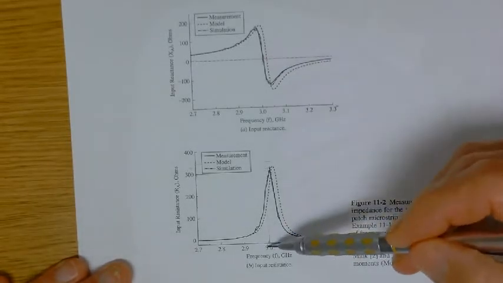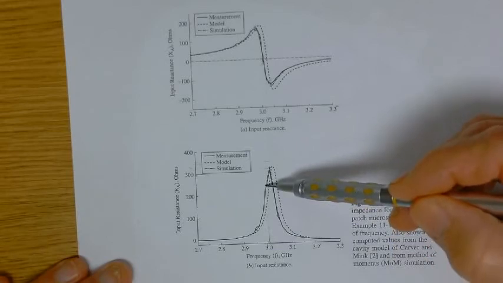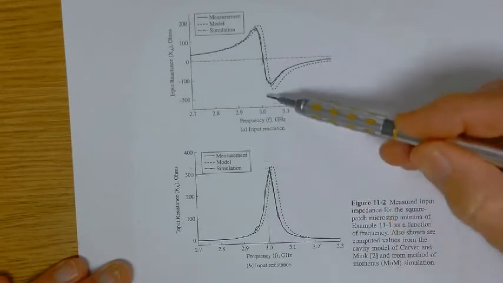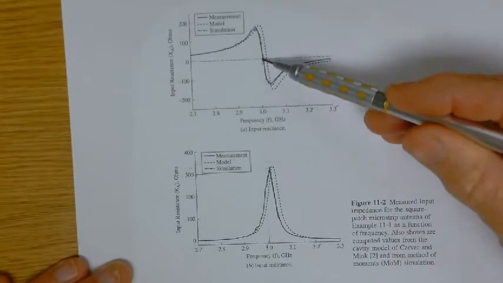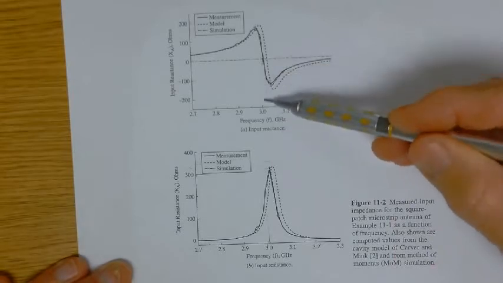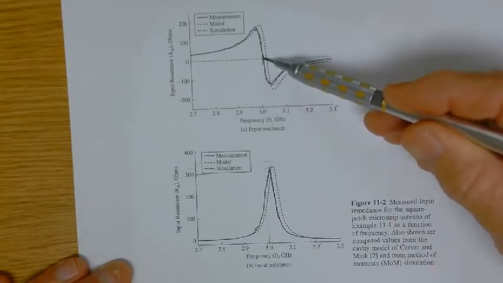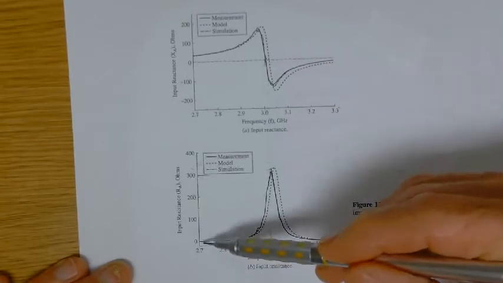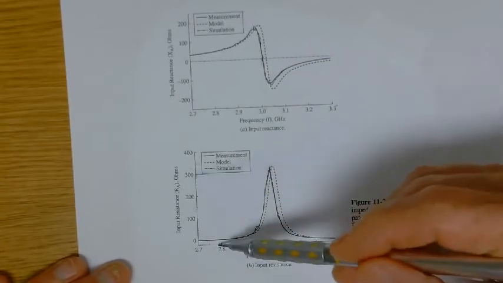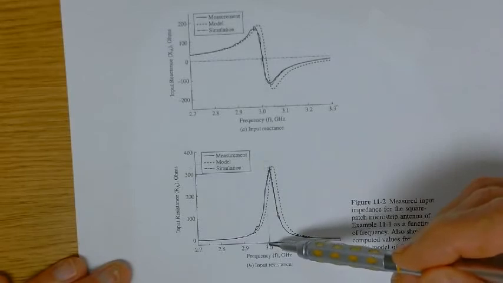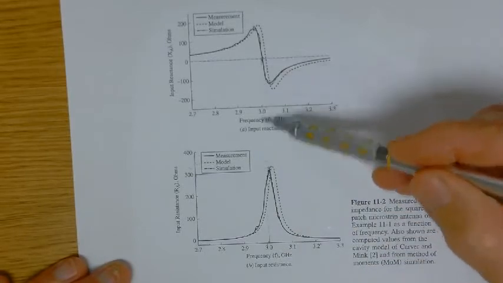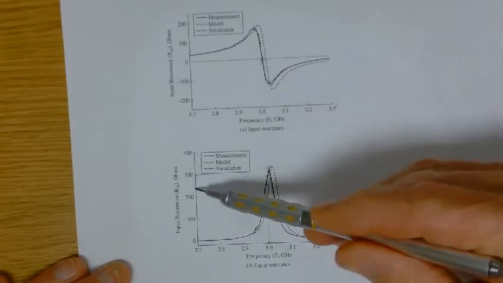So then we want to know what is the real part of the input impedance at resonance, the point at the frequency where the reactance goes through zero. So this is plotting input resistance versus frequency. You can see, at about 3 gig, it comes up. It's a couple of hundred ohms.